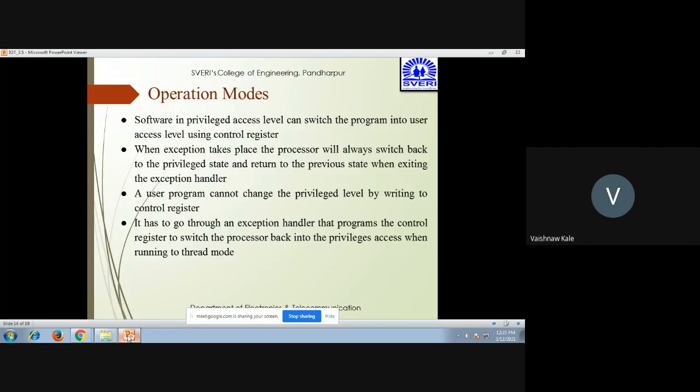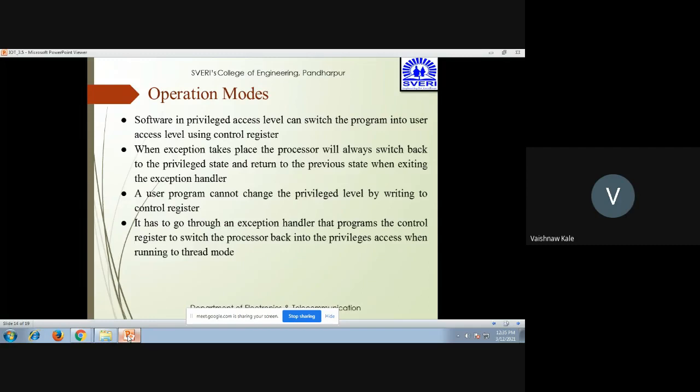So there is a switching between the privilege level and the user level. As soon as the exception takes place, the processor can switch to the privileged state or to the user state. A user program cannot change the privilege level by writing to the control register. The user program does not have the right to change into the privilege level because it is at the user level only.